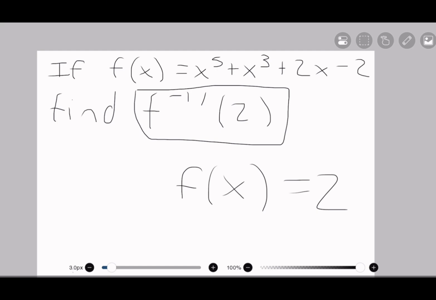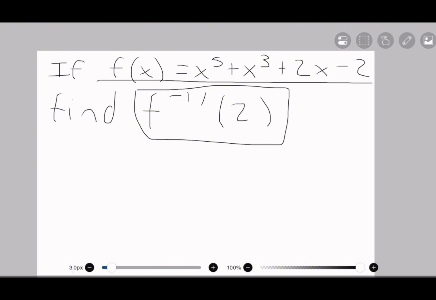Okay, so going ahead, we want to find when this equation equals 2. That is just what they're asking. If you plug in values, I'm going to say 1 would be the best option.